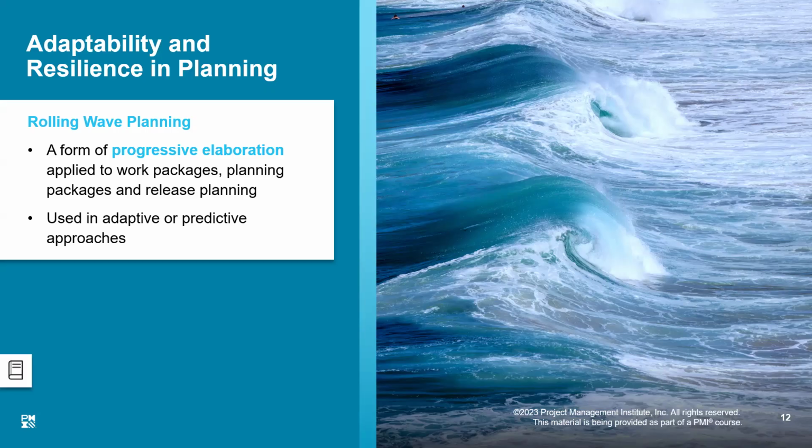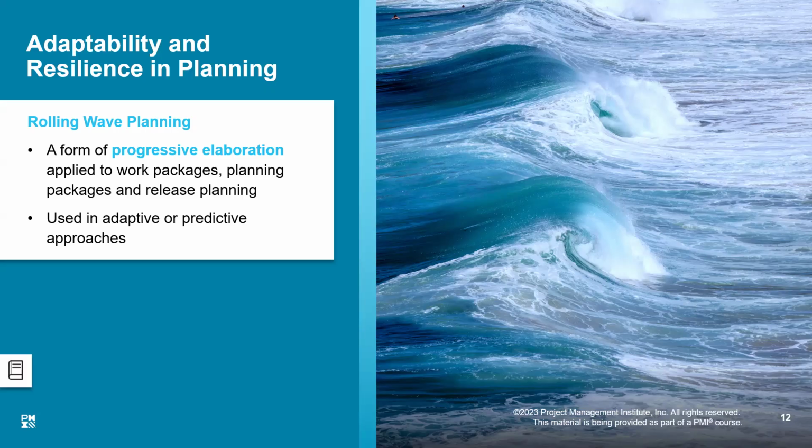It's not like predictive where everything is super detailed upfront. If my understanding is correct, progressive elaboration is like by pieces versus everything at the same time.